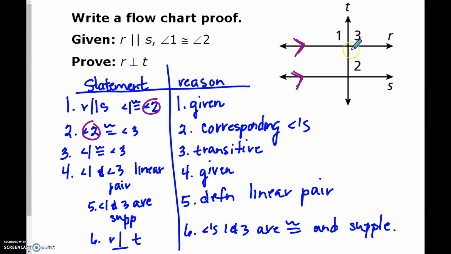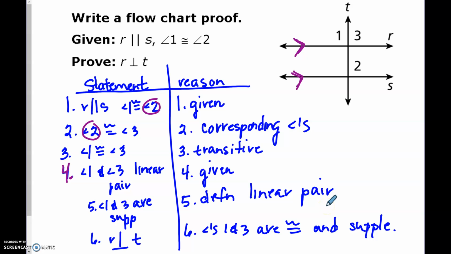Well, by looking at this diagram and when we've got angles right next to each other that are making a straight line, we can say that angle 1 and 3 are a linear pair. So that's what I have down here in step 4, that 1 and 3 are a linear pair. And we know that angle 1 and 3 are supplementary because that is the definition of a linear pair.